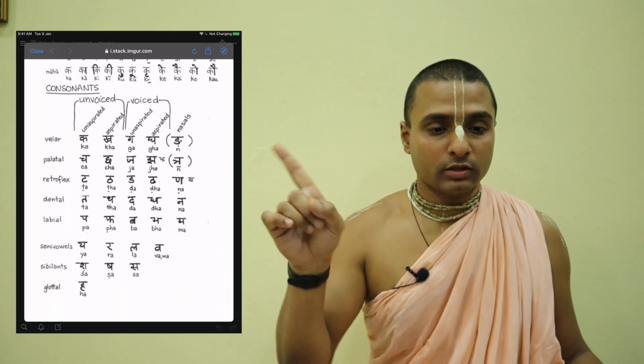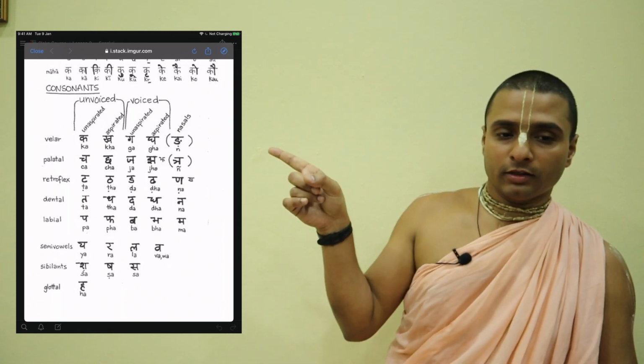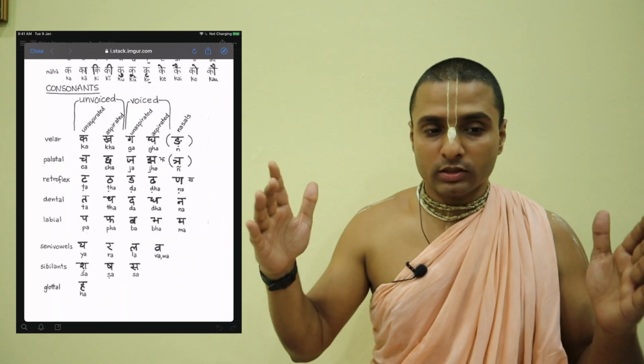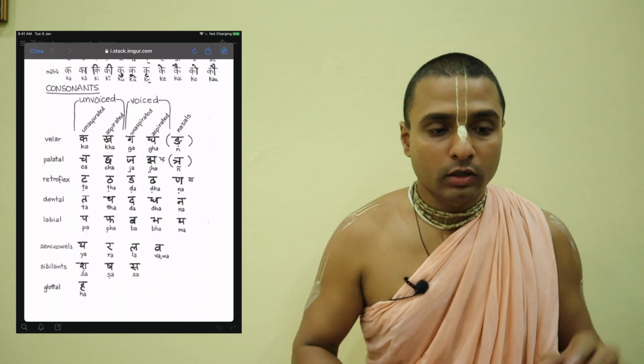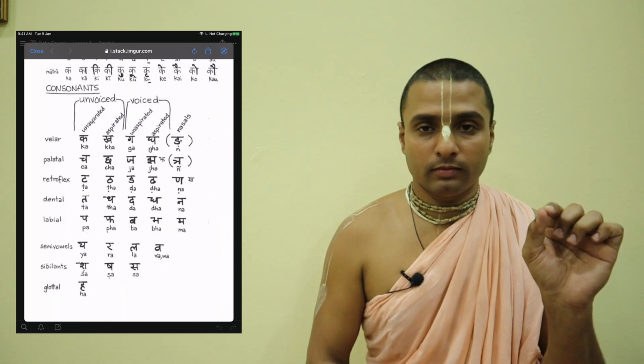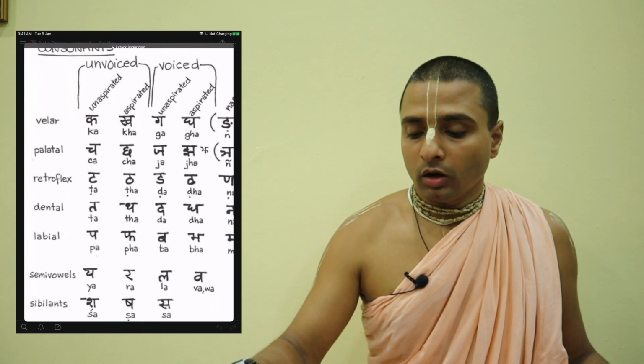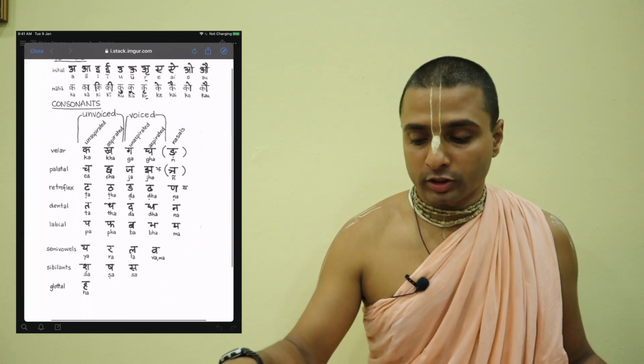At the top, unvoiced. Here, unvoiced and voiced. Okay? And then within unvoiced, there is unaspirated and aspirated. So you look at this. Ta. In Sanskrit. So this is the Sanskrit alphabet, and below is how we would write it in English, or Romanized transliteration, or the IAST transliteration method.